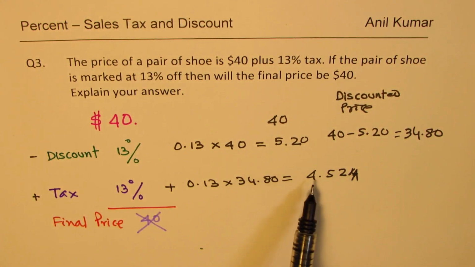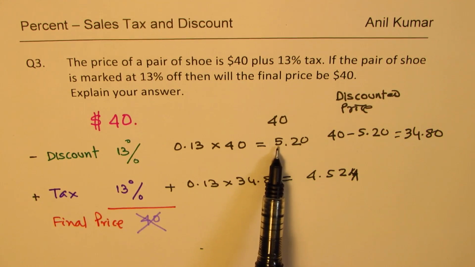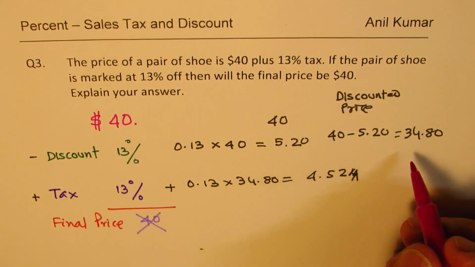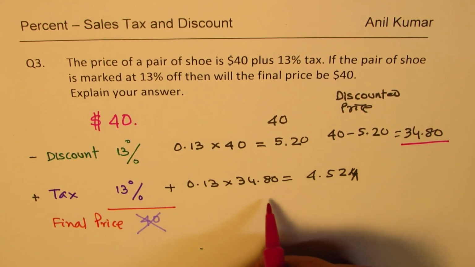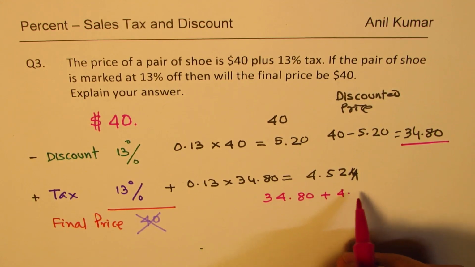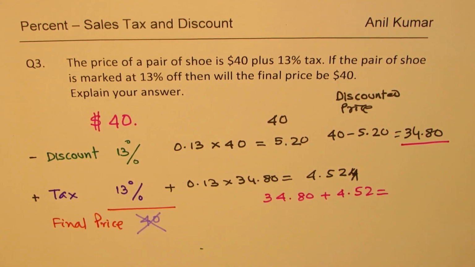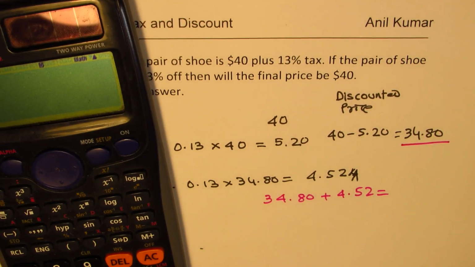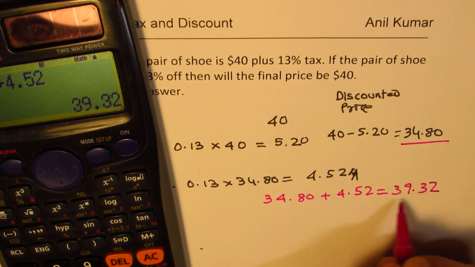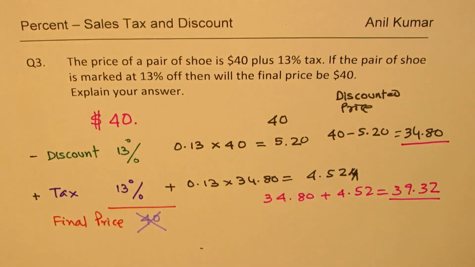So you can clearly see 4.52 is much less than 5.20, right? So that becomes your tax. So the amount to be paid will be how much? After the discount, 34.80, we'll be adding the tax of 4.52. So 34.8 plus 4.52 is equal to, in decimals, 39.32, not 40. Less than that.